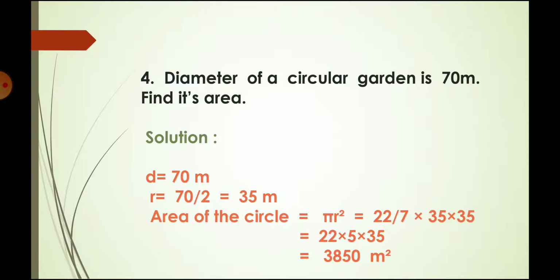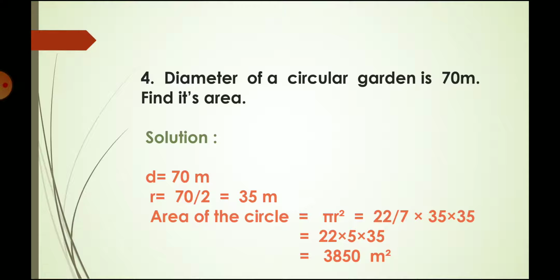Next one, the diameter of a circular garden is 70 meter. Find its area. The solution: they gave the diameter of a circle, that is 70 meter. Now we are going to find the area of this circle.